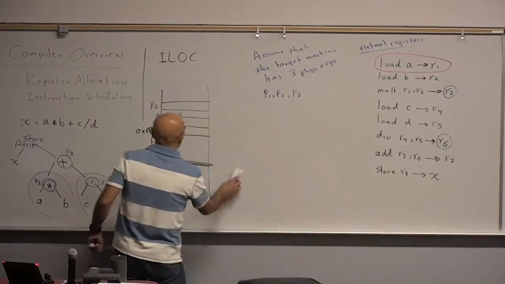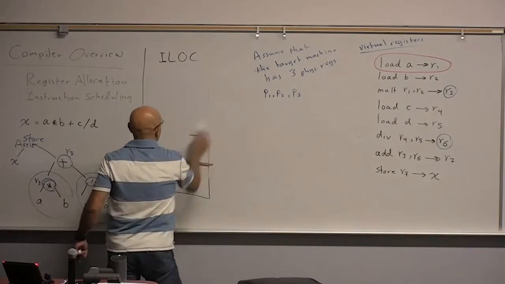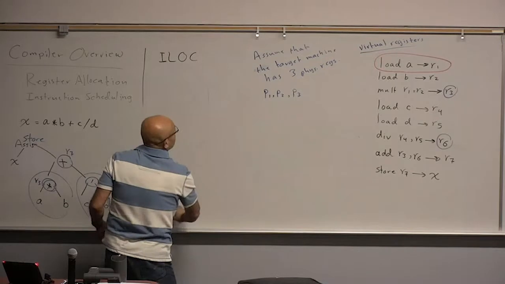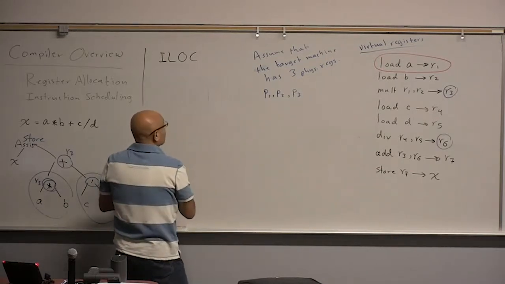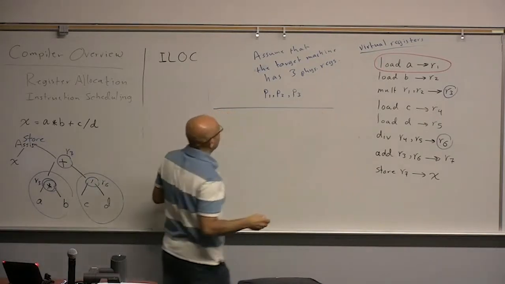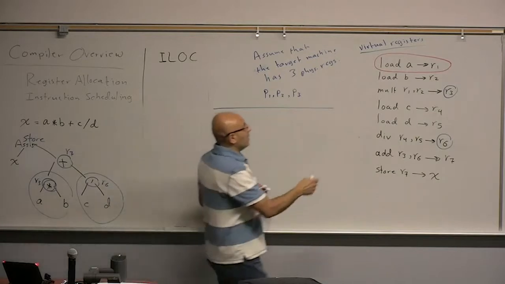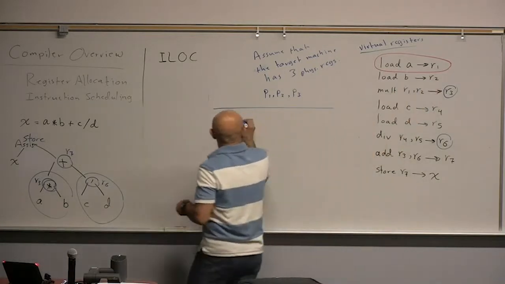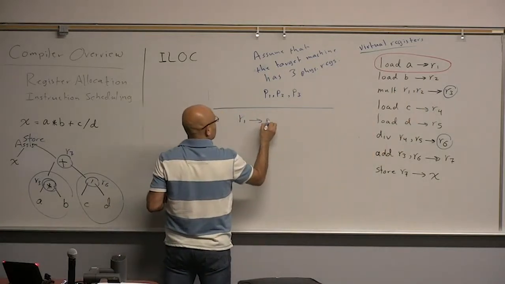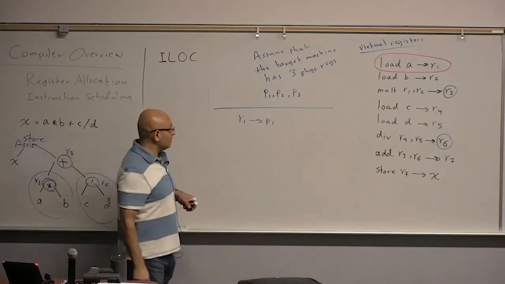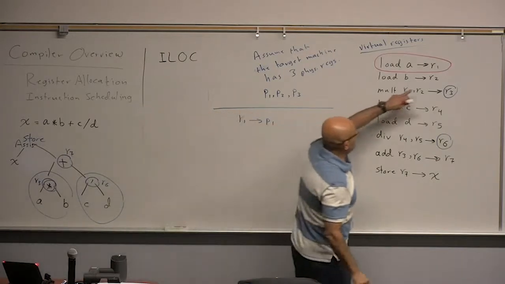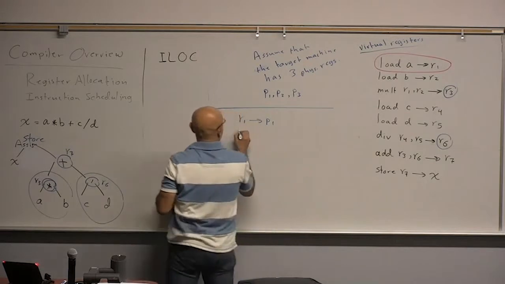So how will it map them in this case? Well, it's going to say, okay, register R1, I'm going to map R1 to P1, the first physical register, and I'm going to map R2 to P2.